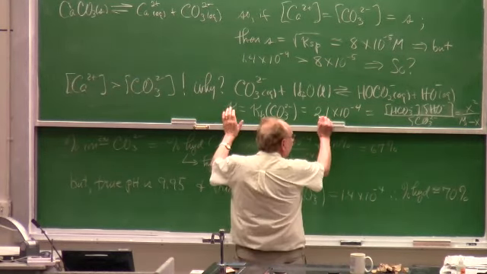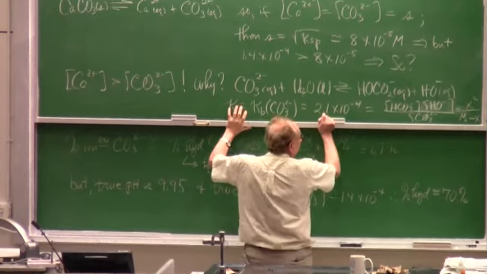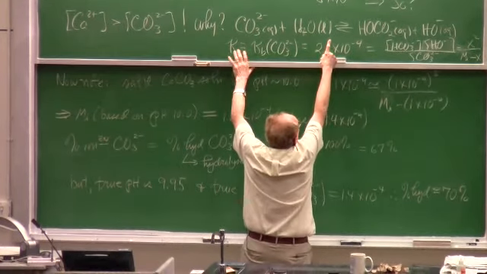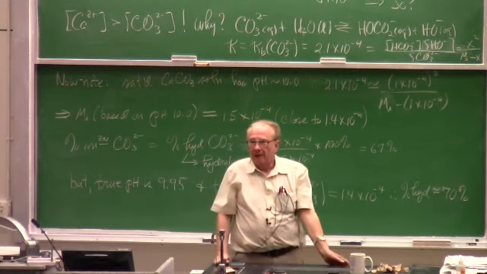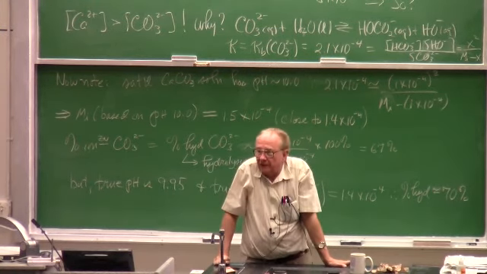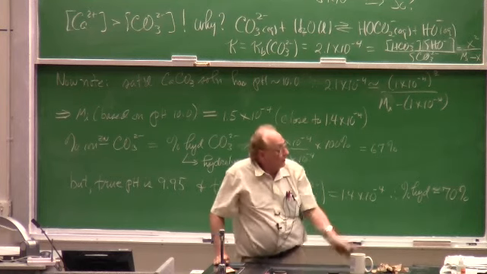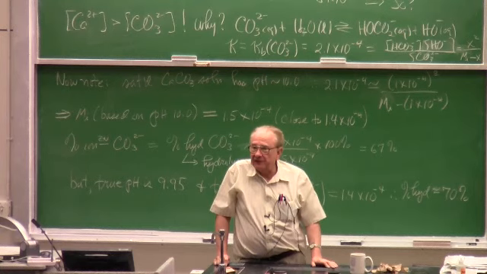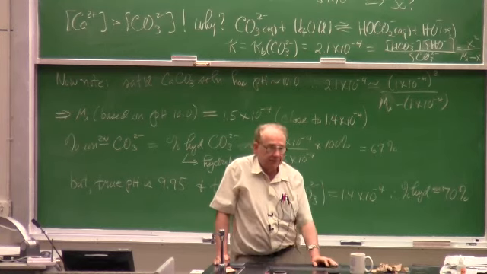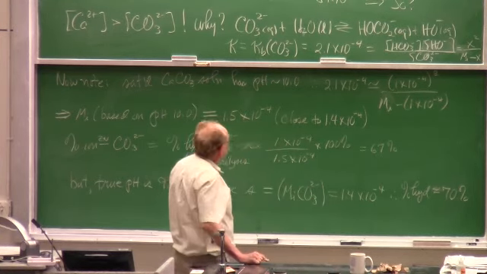Now, if we didn't know the solubility, the 1.4 times 10 to minus 4 value, could we approximate the molar solubility using this equilibrium based on the fact that the pH is about 10.0? Of course, that's what we've done here.